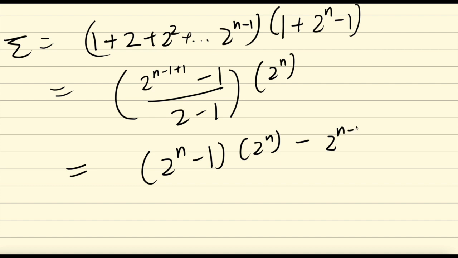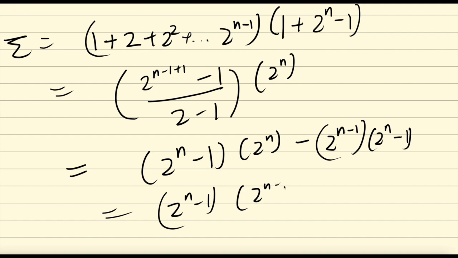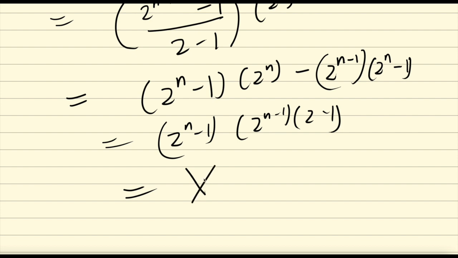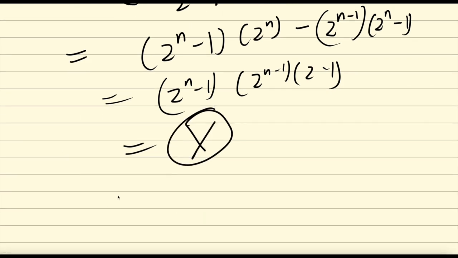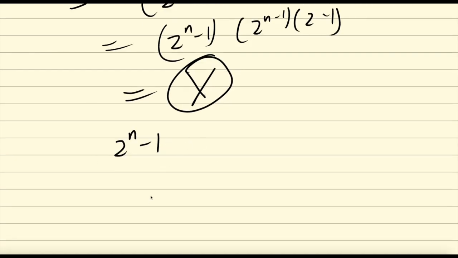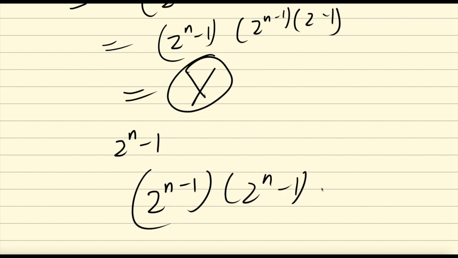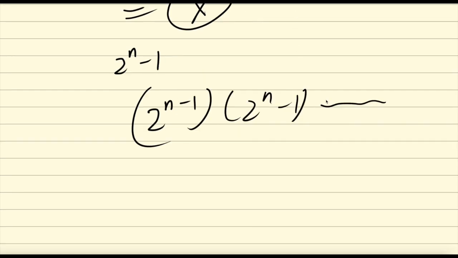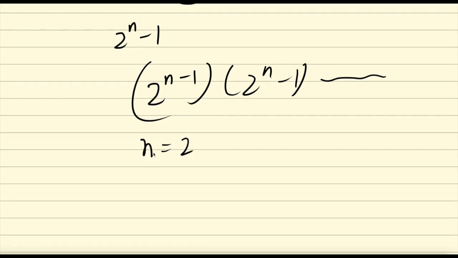So we will remove 2 to the power n minus 1 into 2 to the power n minus 1, which is basically the number itself. So basically, if you have a Mersenne prime of the form 2 to the power n minus 1, then 2 to the power n minus 1 into 2 to the power n minus 1 is a perfect number.